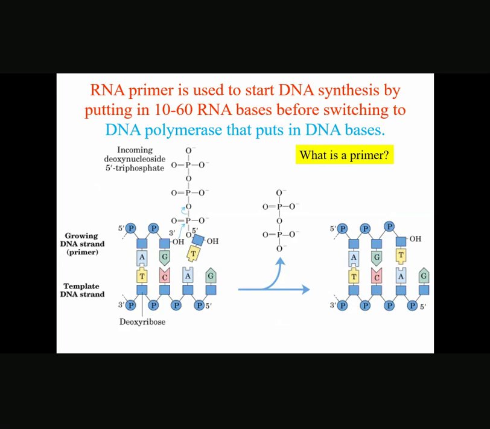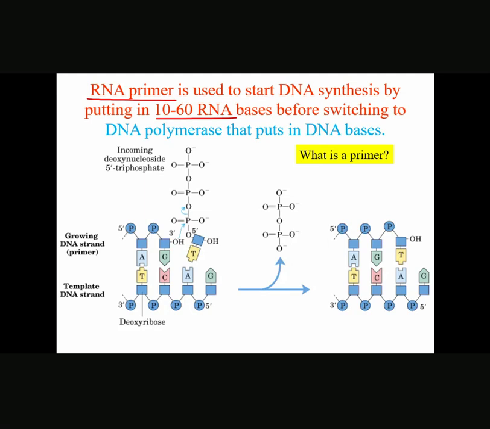For some reason, we cannot lay down some DNA bases and start synthesis. So instead, we put down RNA bases instead. That's called the RNA primer. We go about 10 to 60 of them. And once we have that RNA primer in there, we can switch over to DNA and finish the synthesis in DNA.